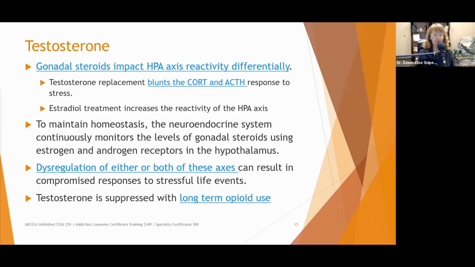I worked with a lot of veterans who are on a lot of opioids, but there's also people who are on methadone, for example, whether it's methadone to help them get off heroin, or methadone as a treatment for pain that is thought to be less potentially dangerous than other opioids. Whatever the reason, it's not uncommon to run into people who are on some type of opioid for an extended period of time, which will suppress testosterone.